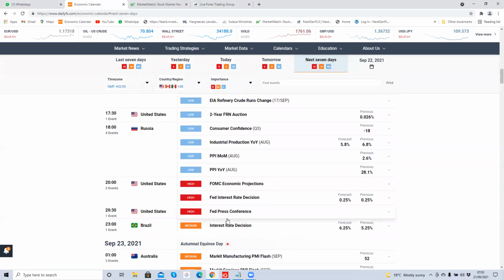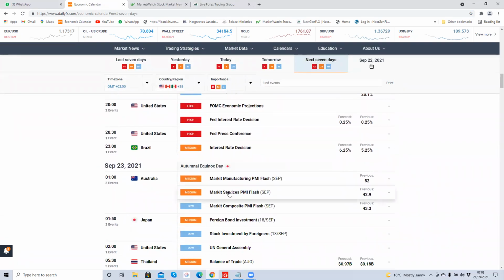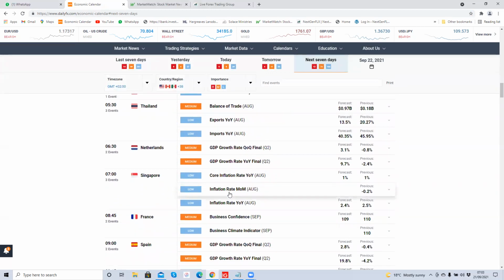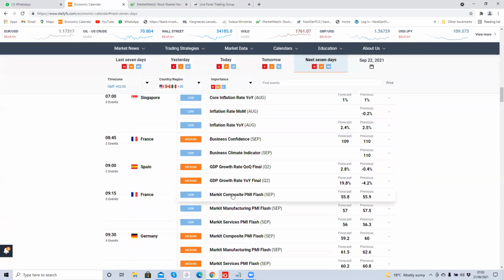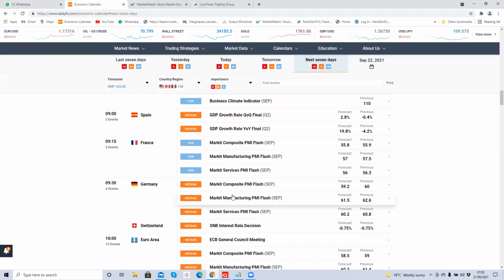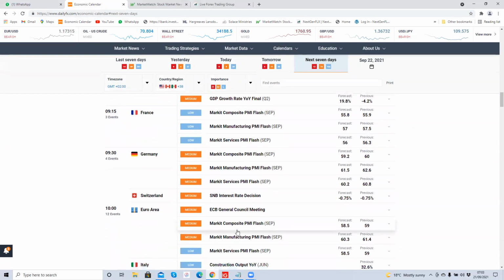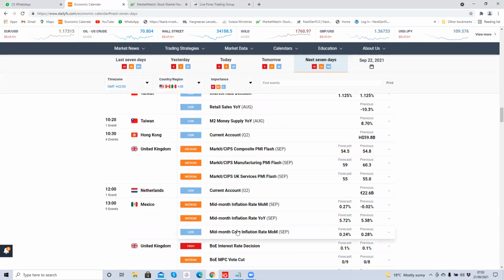So that's tomorrow, Wednesday. So let's see, Thursday, the 23rd of September. Thursday, we have again the Swiss National Bank interest rate decision. So basically the Switzerland interest rate decision is coming out on Thursday, and obviously that would impact currencies paired with the Swiss franc. And then a big one again on Thursday is the Bank of England interest rate decision.